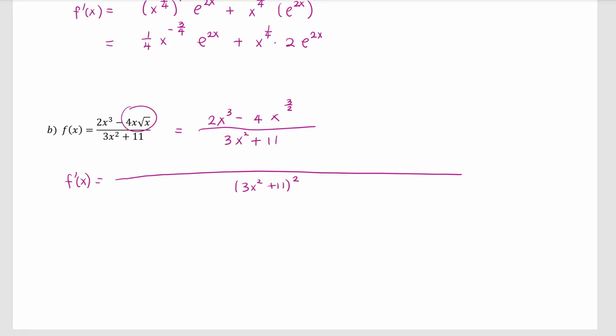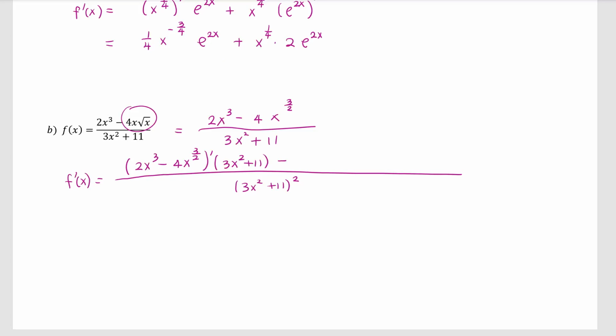And then the numerator becomes the top guy prime times bottom guy minus. Okay, when we do product rule, we have add, but when we do quotient rule, we have minus, okay? And don't forget the parentheses.